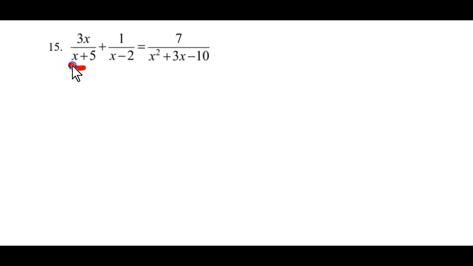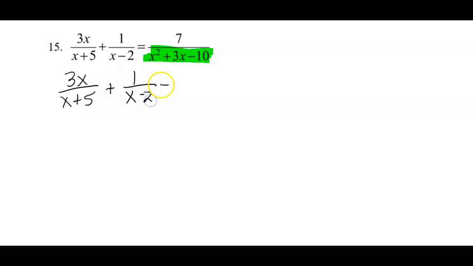If I look at my set, I have x plus 5, x minus 2, and then I have this. So on the last one, since that's got an x squared and an x, I'm thinking, yeah, I'm probably going to have to factor that before I can start figuring out my common denominator. So 3x over x plus 5 plus 1 over x minus 2 equals 7.